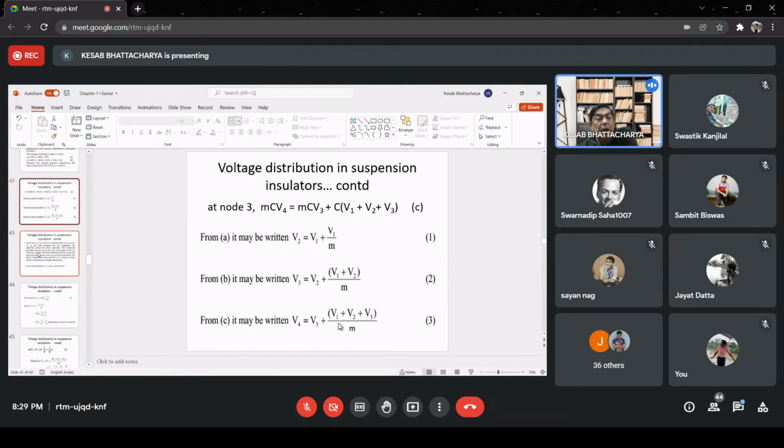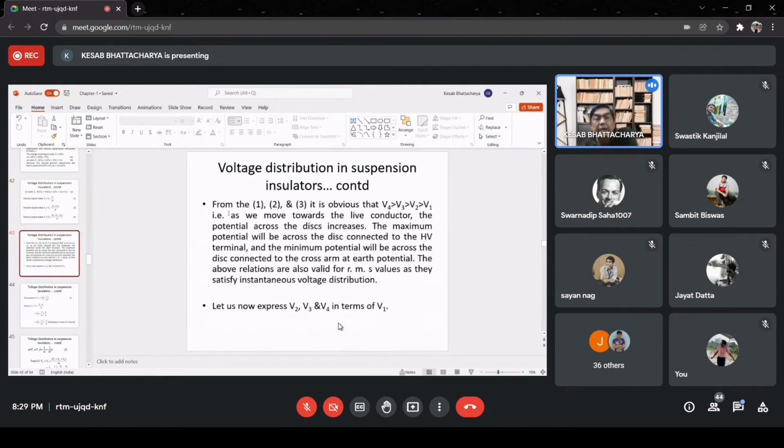Therefore, this point can be mentioned: from equations 1, 2 and 3, it is obvious that V4 is greater than V3, greater than V2 and V1. This is important. As we move towards the live conductor, the potential across the discs increases.